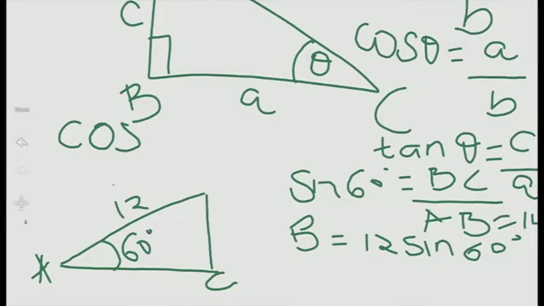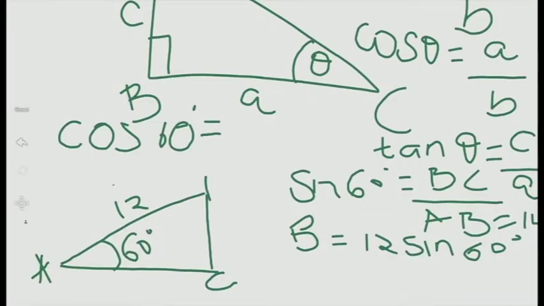So we'll say, let me clear this here so we can have some space. Our angle is 60 degrees in our case, angle A, and cosine is equal to adjacent over hypotenuse. The adjacent is AC, the hypotenuse is AB. We've been given AB as 12.